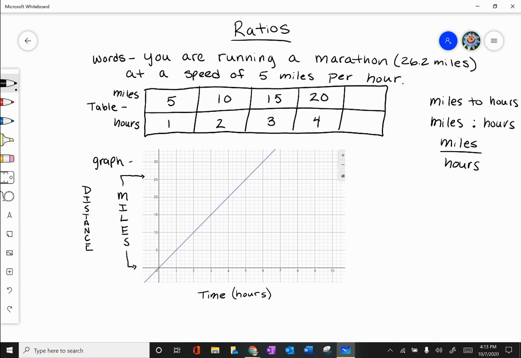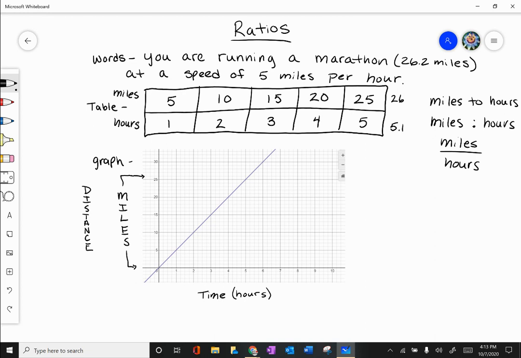After 4 hours, we'd be at 20 miles. 5 hours, we'd be at 25. So it'd be just a little bit over 5, maybe about 5.1 hours to get to this 26 mark.